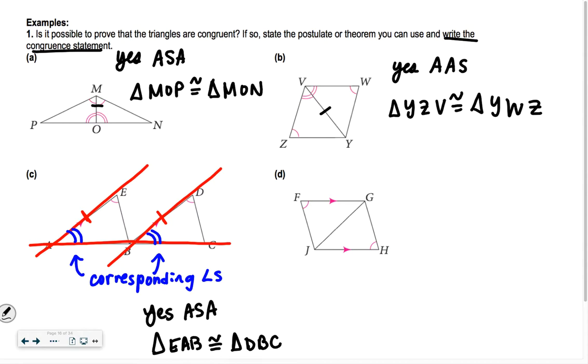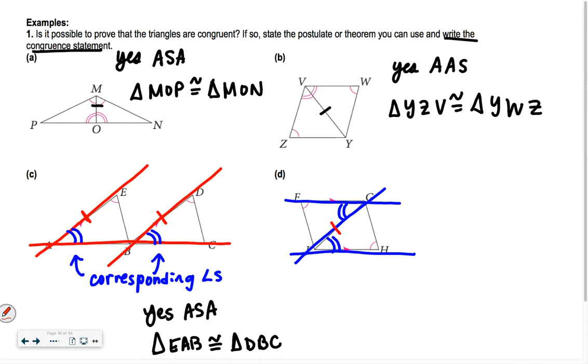All right, and then how about this one? So I definitely have my parallel lines, and I have my transversal. So I could say like this angle right here is the same as this angle right here. Do the triangles have to be the same? Do I have any side markings? Could I get a side marking? Yeah, the shared one right there. Does that make sense?